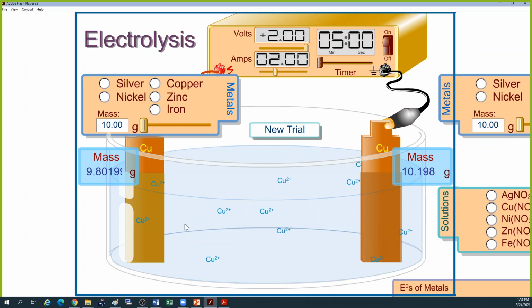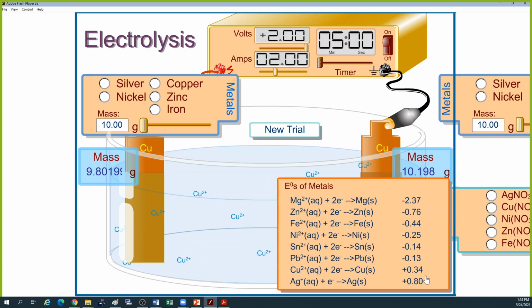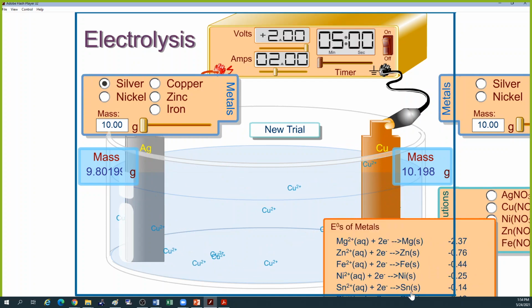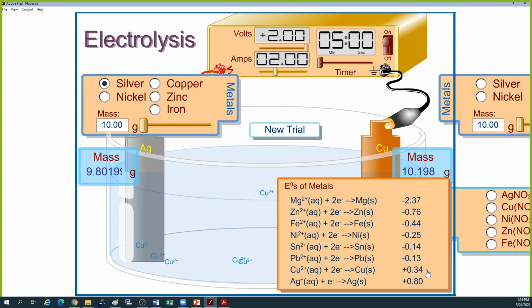Oxidation. So if I look at the reduction potentials of these metals, silver really likes to be reduced compared to the other ones. So let's force it to be oxidized. And if we compare that to copper, copper has a lower reduction potential than silver.